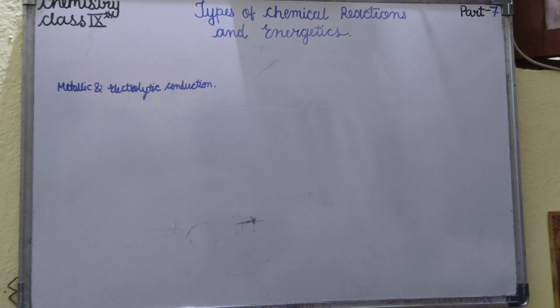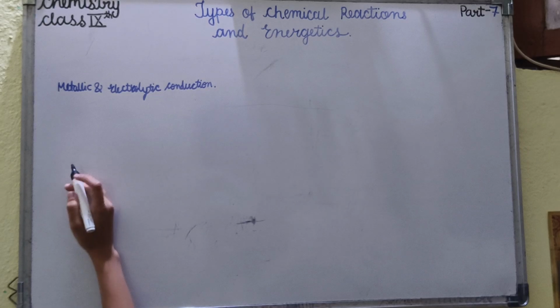There are some terms used in electrolysis like electrolyte, weak electrolytes, non-electrolyte, and electrodes. Electrolyte is a compound which in fused state or in aqueous solution allows the passage of an electric current and undergoes decomposition.